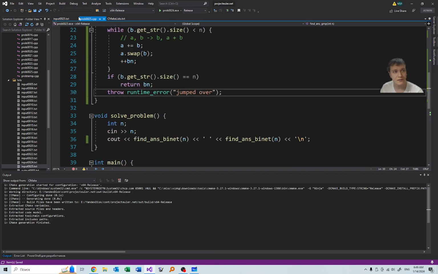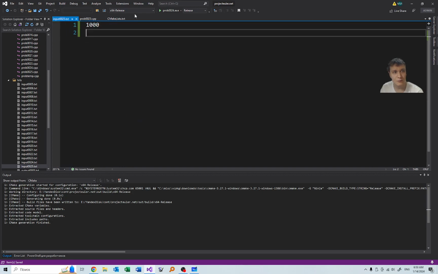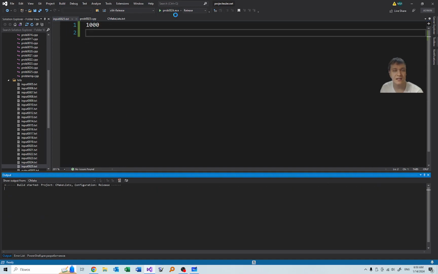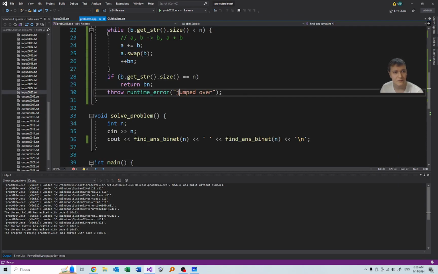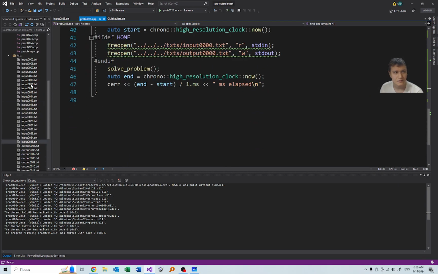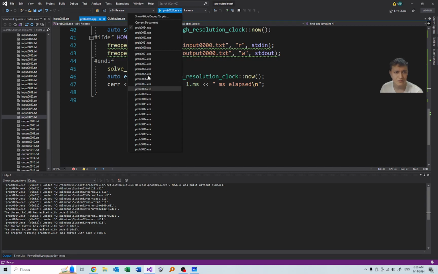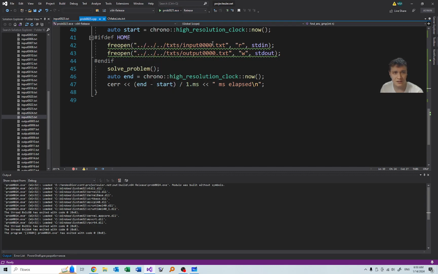Great. Now let's check it for 1000, that it gives the same number both times. Oh no. I ran the other file and I didn't change these input files.